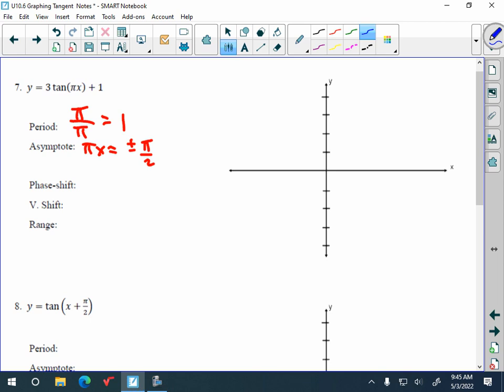So solving for x, we can multiply both sides by 1 over pi, and so that's going to be plus or minus 1/2. Again, there's no phase shift. There is a vertical shift on this. It's up 1, which means our midline is y equals positive 1 now.